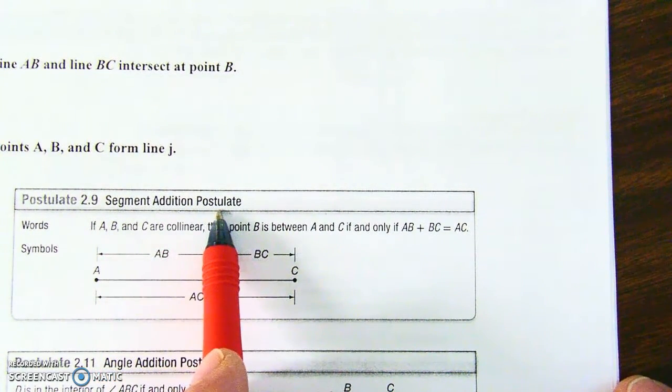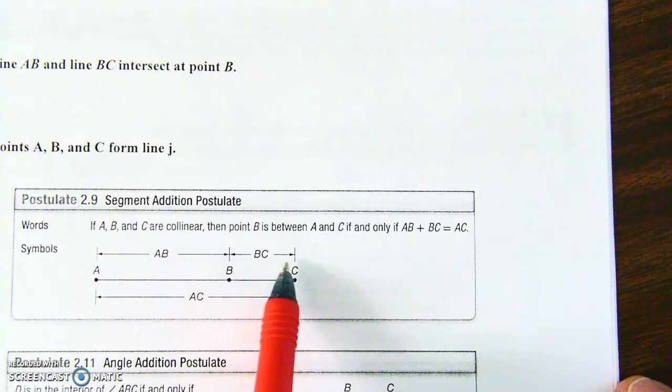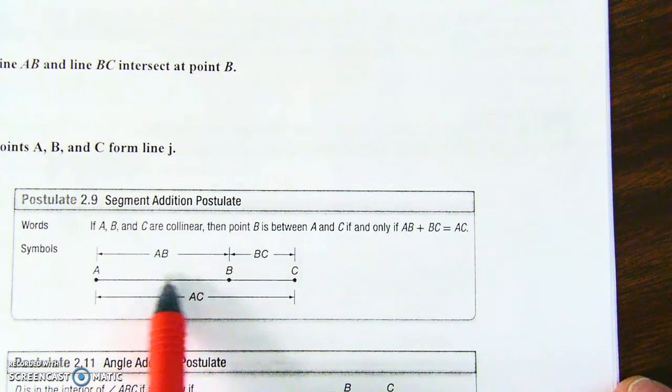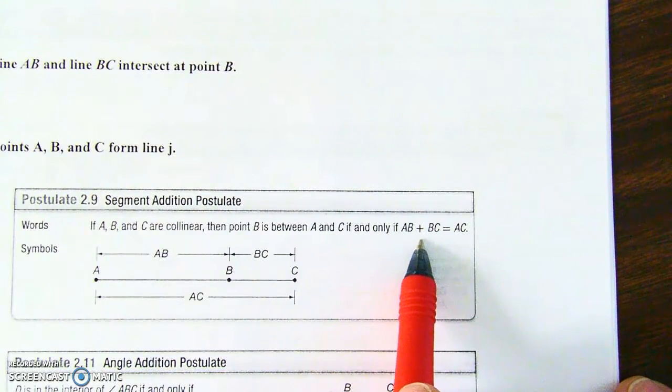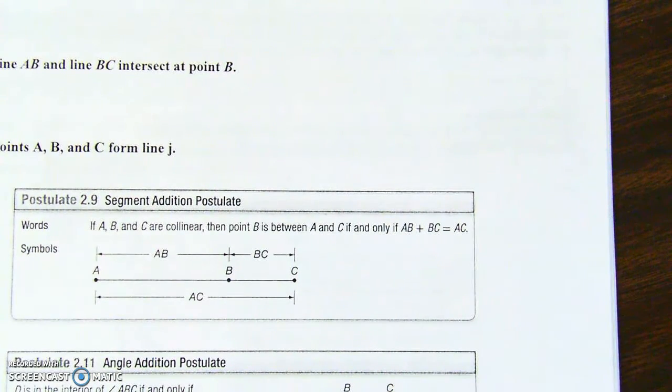Basically, we're taking line segment AB and line segment BC and adding them together to create one entire line. It's not anything different than we've done before, the addition property of equality on this one.